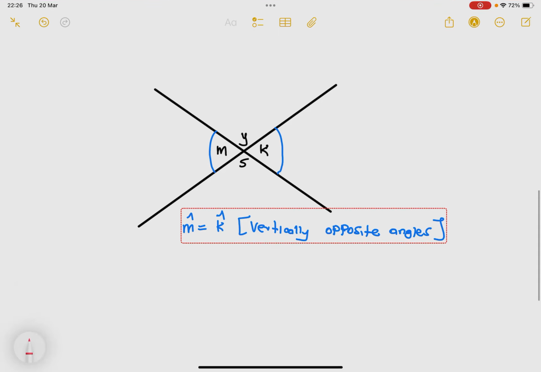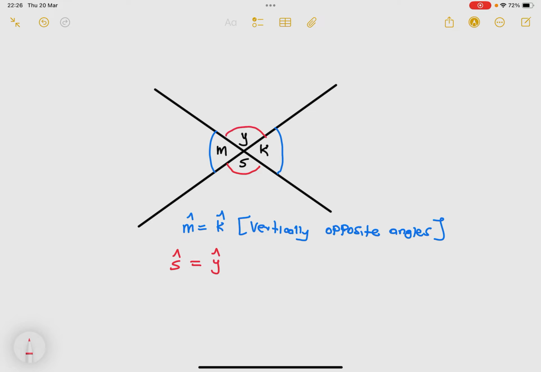You realize that the angle S and the angle Y are also going to be the same. They are equal. And the reason is because they are vertically opposite angles as well.